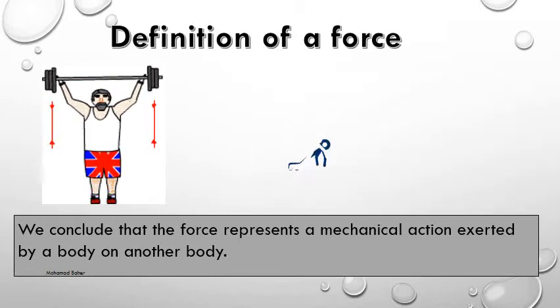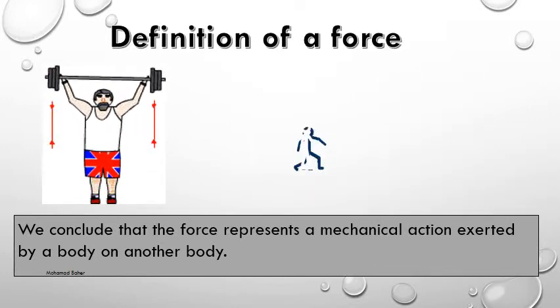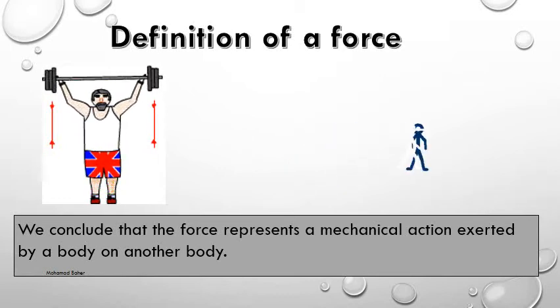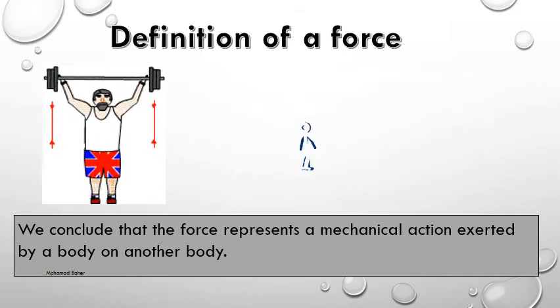So he makes a force by his foot to kick the ball to move it. So we conclude that any object can't move only if there is a force applied on it from another object. Therefore, we conclude that the force represents a mechanical action exerted by a body on another body.